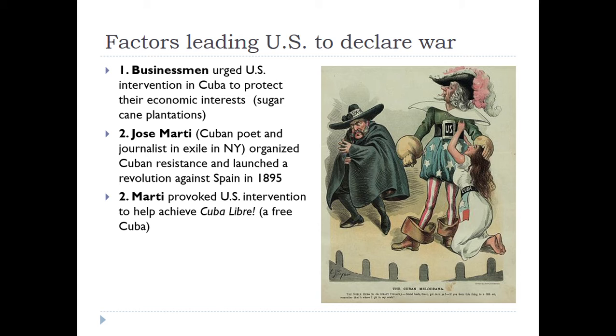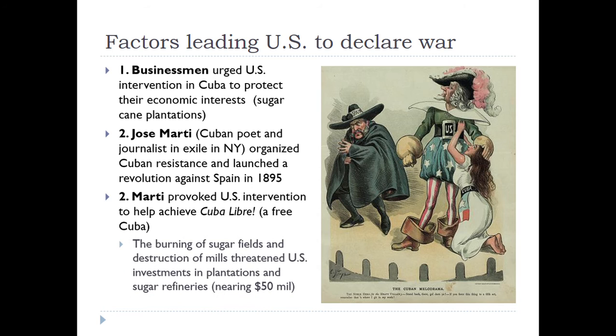He had his people deliberately attack American businesses, sugar fields and mills, these plantations where Americans had millions and millions of dollars invested. He figured if I put these things in jeopardy, it will pull the U.S. into this conflict, and the U.S. will be encouraged to help the Cubans fight for independence. He wants the U.S. to help achieve a Cuba Libre, a free Cuba.